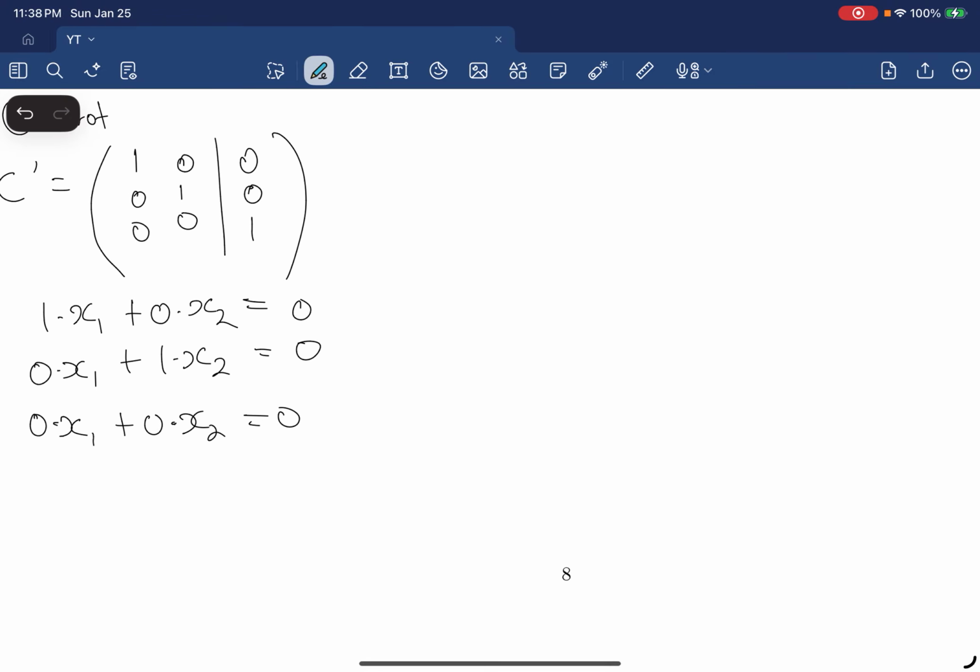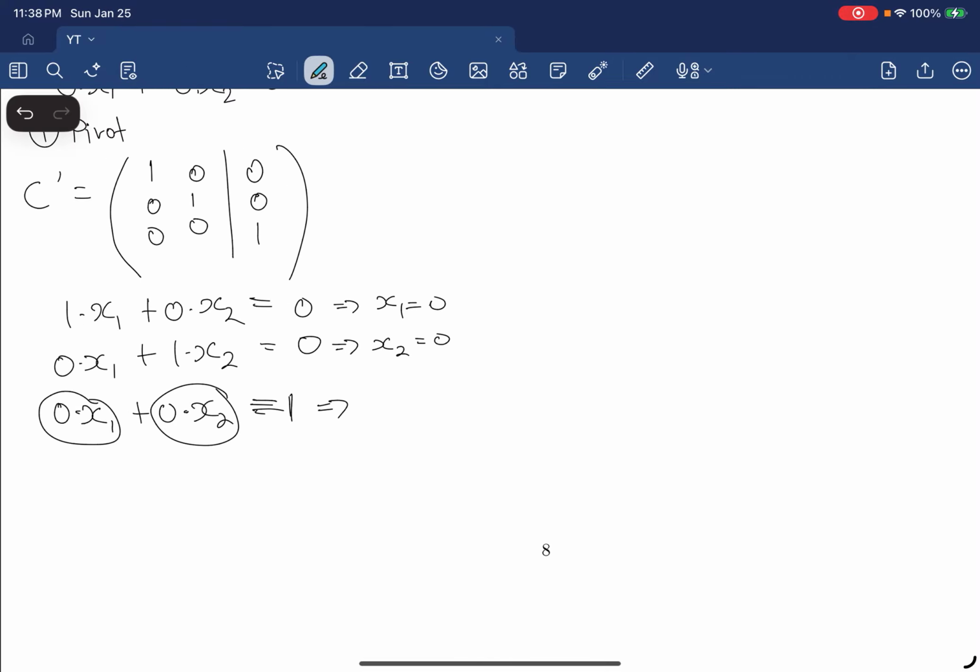You're going to want to ask yourself, is there a value for x1 and x2 such that the system of linear equations is true? Well, according to the first equation, we see that x1 equals 0. According to the second, x2 also equals 0. But then according to the third, 0 times 0 plus 0 times 0 equals 1. And we know that is obviously not true, right?